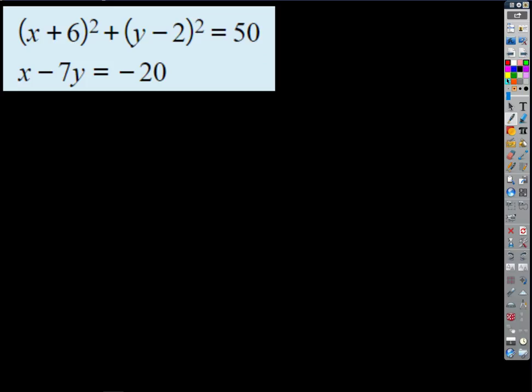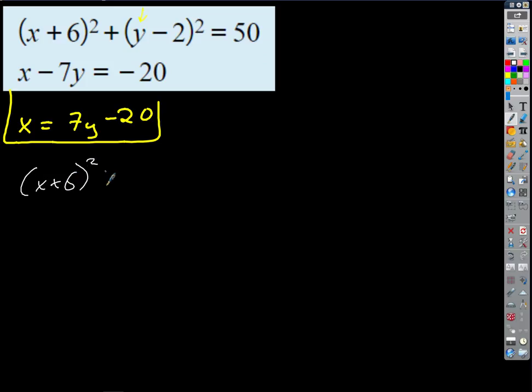So I can get the x by itself. x is just equal to 7y − 20, right? Okay, so then I'm going to plug that into the top one right there. And that gives me what?